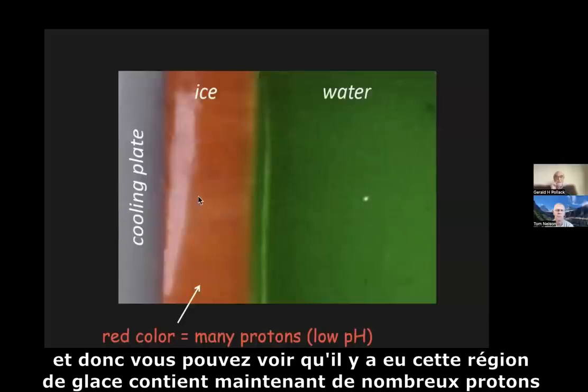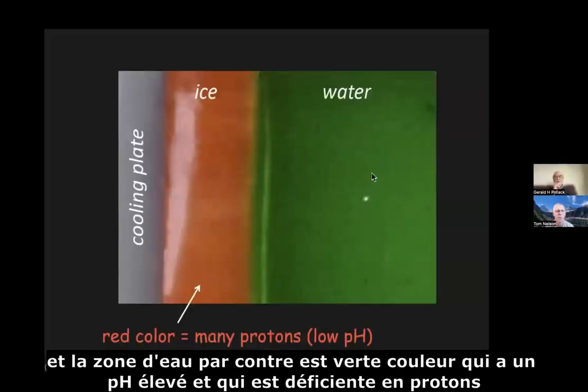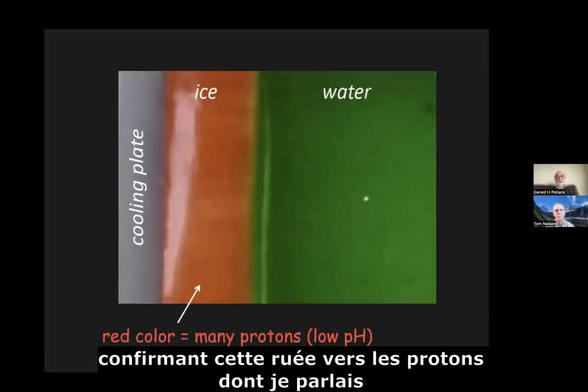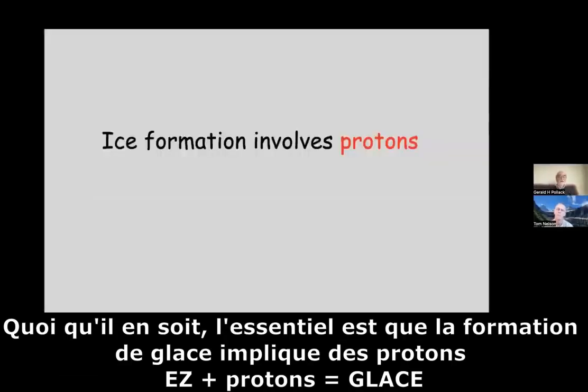So you can see that this region of ice now contains many protons. The area of water, on the other hand, is a green color, which is high pH, deficient in protons. So the protons have apparently migrated from the water to the ice, confirming this proton rush that I was talking about. Anyway, the bottom line is that ice formation involves protons. EZ plus protons equal ice.